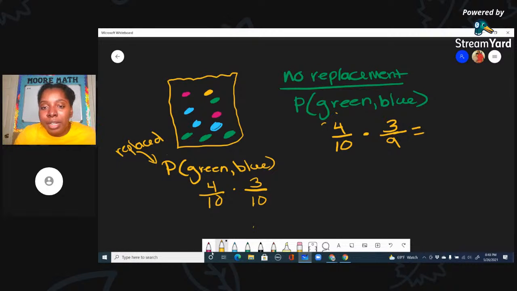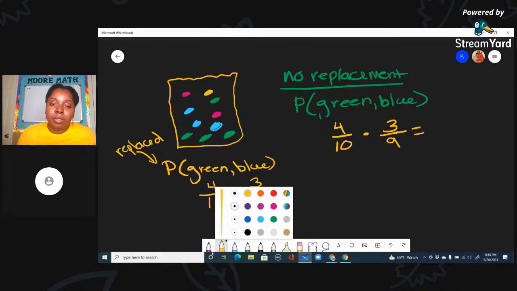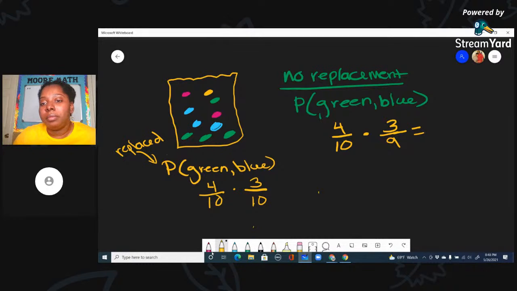And let's see, is there anything that goes into both 4 and 9? Oh, nothing. And we already know nothing goes into 10. So we just multiply straight across.